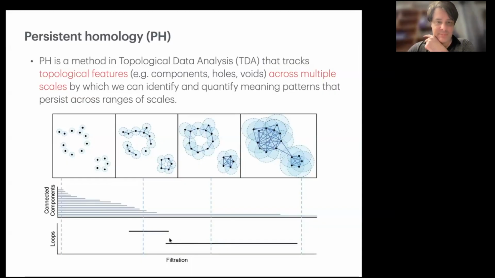So here is an example. For this set of points, we can see that you get a circle here. This loop generates the first homology, and it is born at some radius, and then it dies once it gets filled.